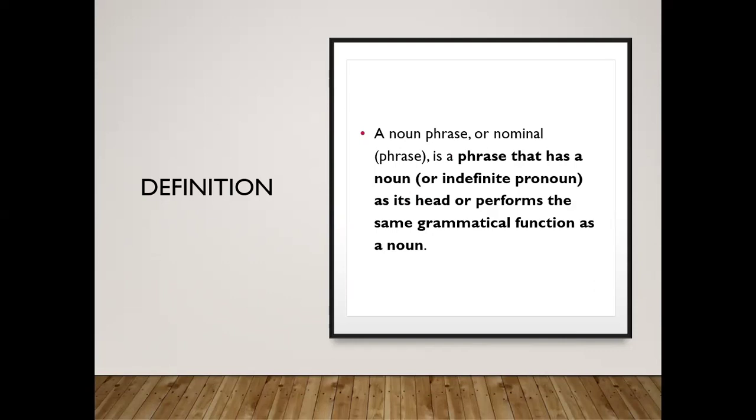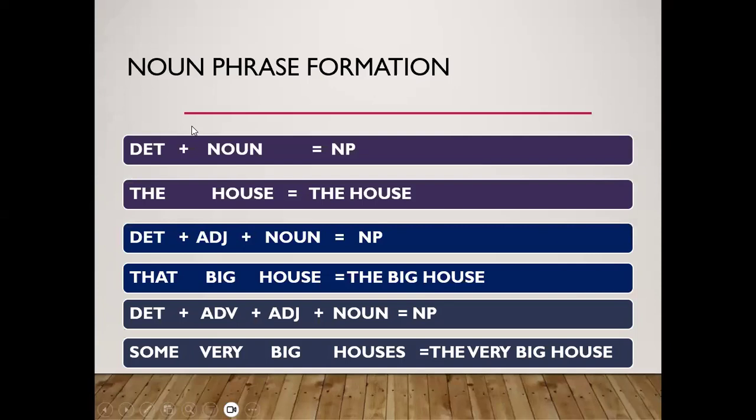Some of you might find it difficult to identify what we call a noun phrase, so we are going to be looking at how to identify noun phrases in expressions. These are some of the components of noun phrases. How do we form noun phrases? You can form a noun phrase by adding a determiner plus a noun.